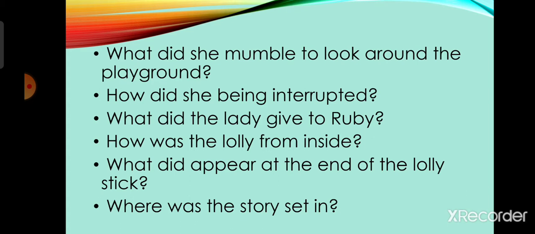Yes, she unwrapped the ice lolly and started to eat it because it was so yummy. When she took one or two bites, what appeared at the end of the lolly stick? The letters P and L appeared on the end of the lolly stick.